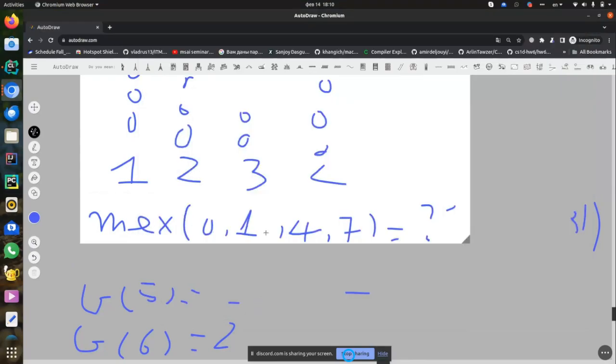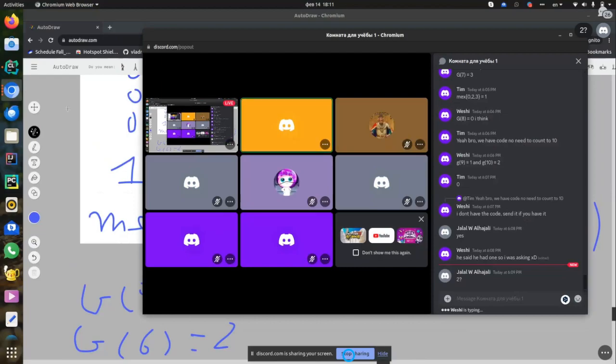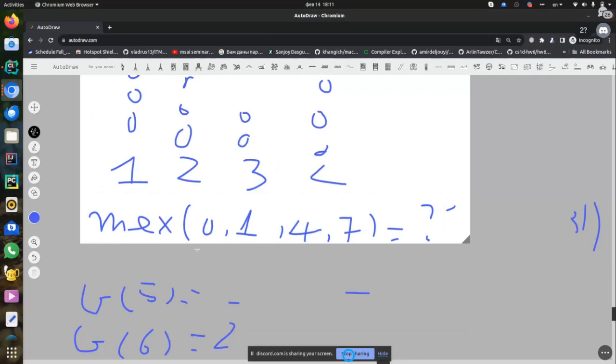So you got the idea how to calculate the Grundy values. You need to calculate the mex first, and then you know how to calculate the Grundy values. I think you guys already got it.